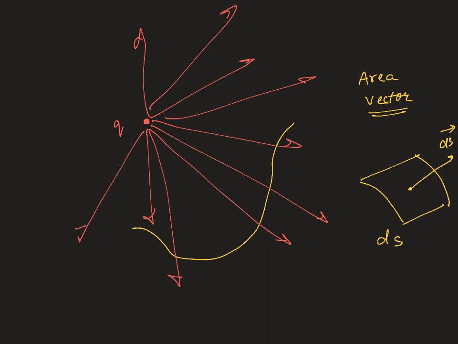So if we are talking about an area here, the perpendicular to it might be like this. Let's say this is your ds, so that will be your area vector ds. And if we take an area here, the perpendicular to it will be something like this, and that will be your new area vector ds dash, because this area is ds dash. So we are not talking in terms of area right now, we are talking in terms of area vector.